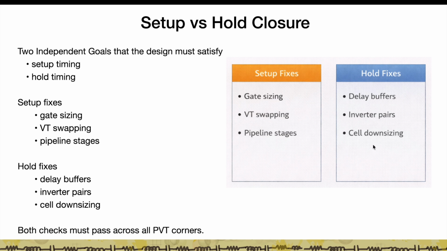A setup fix that speeds up a path can create a hold violation on the same path. A hold fix that adds delay can worsen setup margin. Both checks must be satisfied simultaneously across all PVT corners. Setup checks at the slow corner, hold checks at the fast corner. True timing closure means every check, every corner passes.